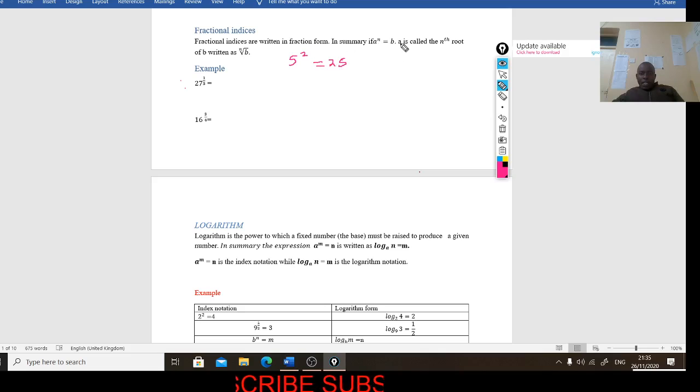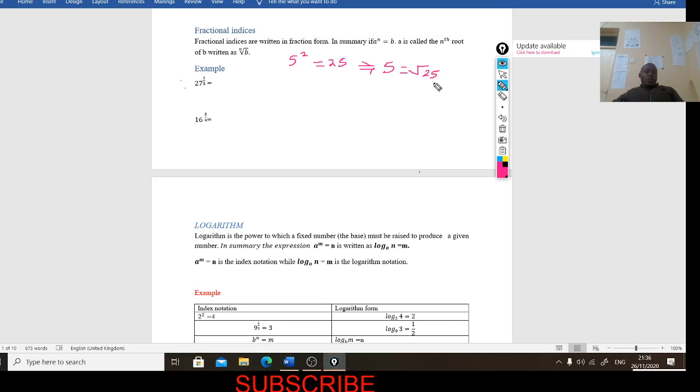So a is the nth root of b: to get 5, we find the square root of 25 because it was squared. So 5 equals the square root of 25.